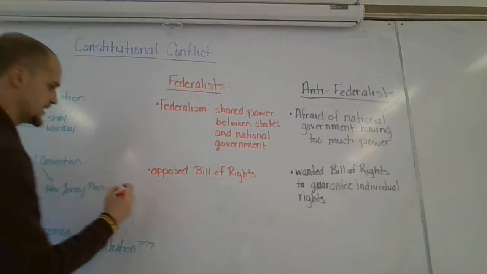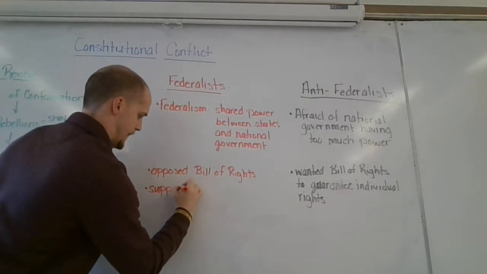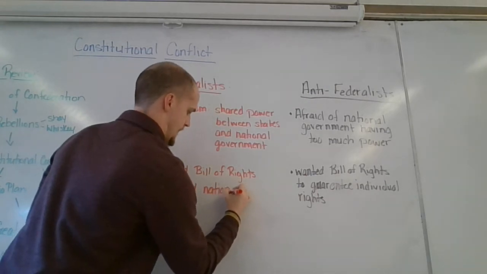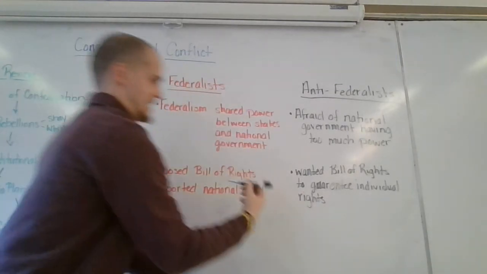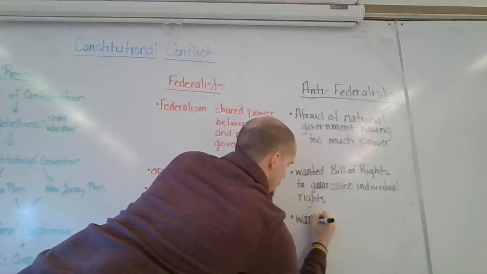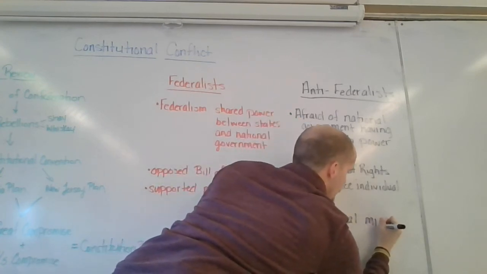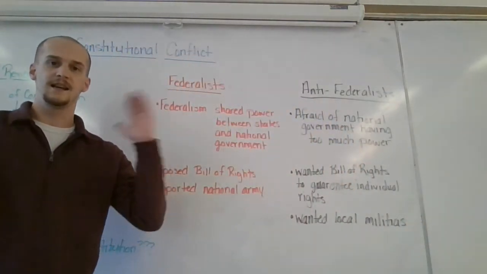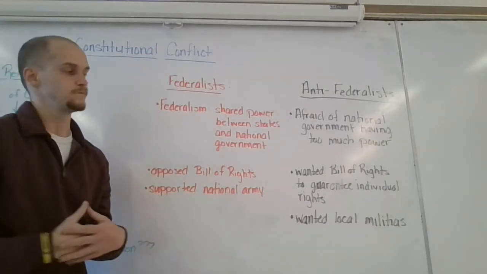The Federalists supported a national army. Meanwhile, the Anti-Federalists wanted local militias. The Federalists wanted the national government to have the power to put together a military that was standing and always ready to go.